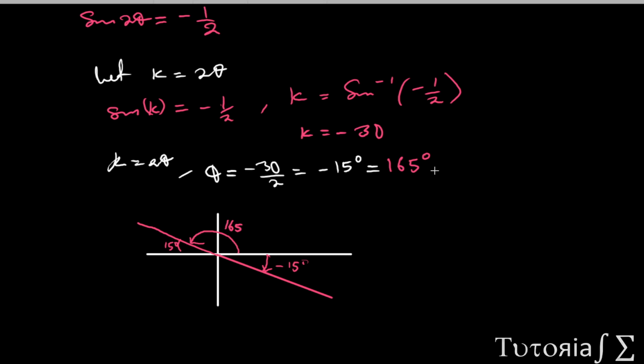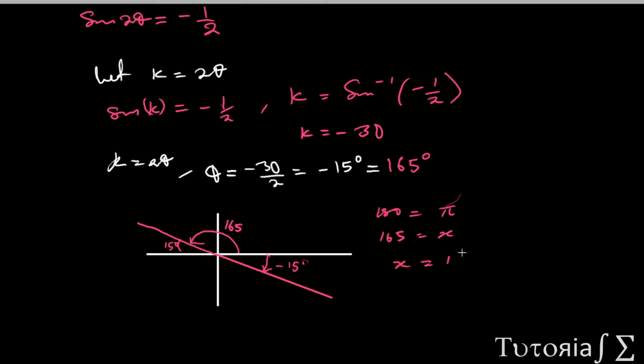Okay, we can convert this to radians by saying 180 degrees is equals to pi, 165 is equals to x.